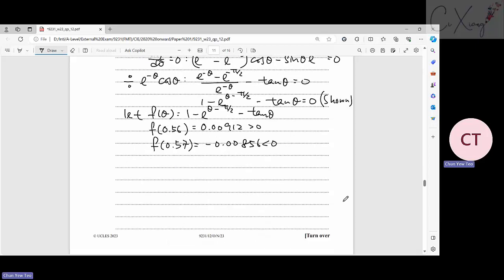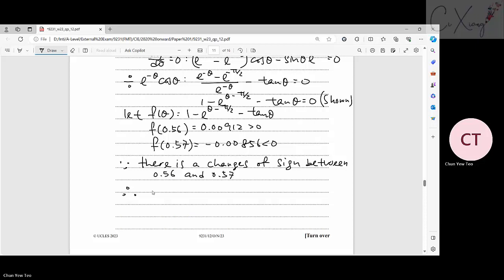Okay, so because there's a change of sign, just mention that because there is a change of sign between 0.56 and 0.57, therefore the equation has a root between the two values stated, between 0.56 and 0.57.